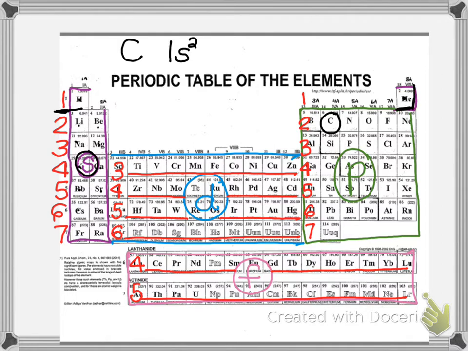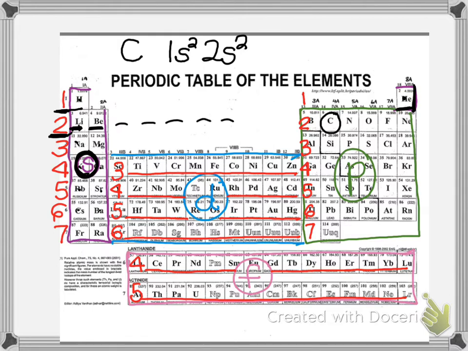So now I'm at the end of this row right here, so now I come down to the second one. Now I'm in a different level, so I say, okay, I'm in level 2. But when I start in here, I'm still in the S's, so I write an S, and I count 1, 2. Okay, I'm not at carbon yet, so I can't stop.